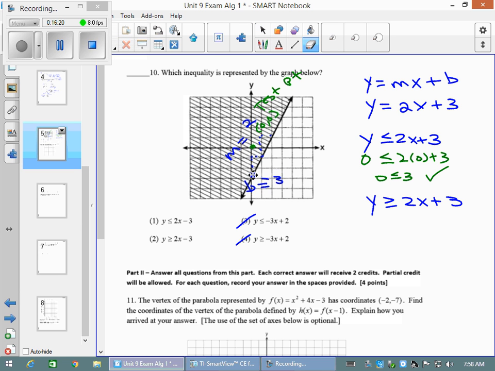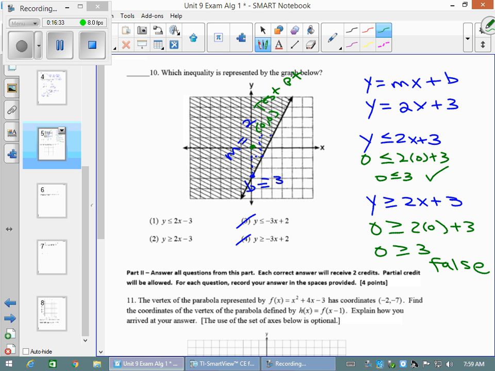Let's plug into this one. 0 is greater than or equal to 3, and that's false. So my choice should be choice 1. I should be choice 2.